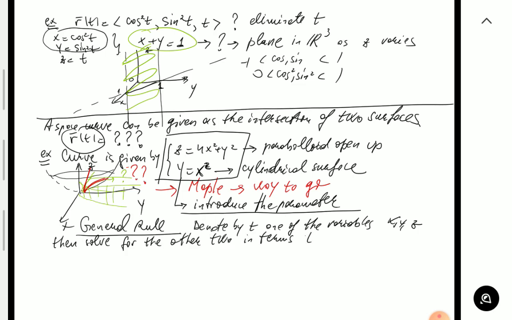You have to look carefully and choose judiciously which variable you choose. For example, you don't want z to be t, because that will make it a little bit harder.